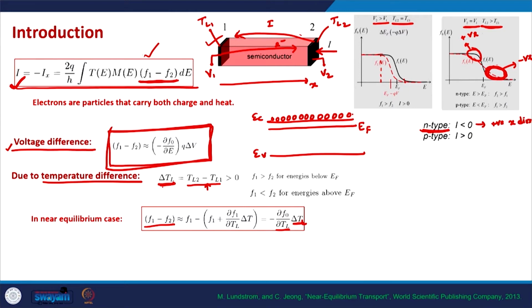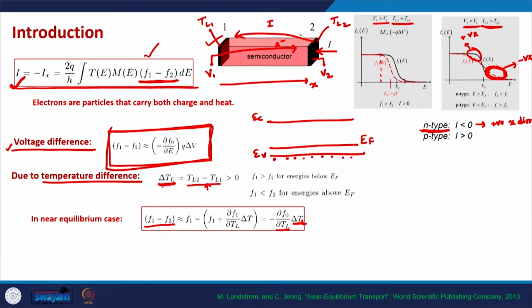Okay. Similarly, in a p-type material, the Fermi level is close to the valence band maxima, and current conduction takes place at the top of the valence band, and the current conducts due to holes.